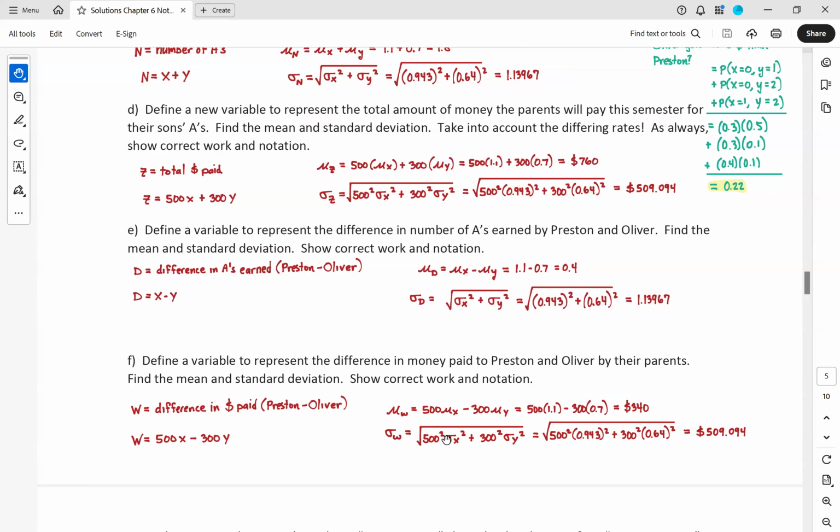I need to square the original deviations, including these multipliers on the variables. 500 squared, deviation of x squared, 300 squared, deviation of y squared. I need to add the two products together. We're always going to add, and then finally at the end, take the square root. And remarkably, but perhaps not surprisingly, we get the same standard deviation for F as what we got for part D, because those two variables were similar with just a plus and a minus as a swap out there.